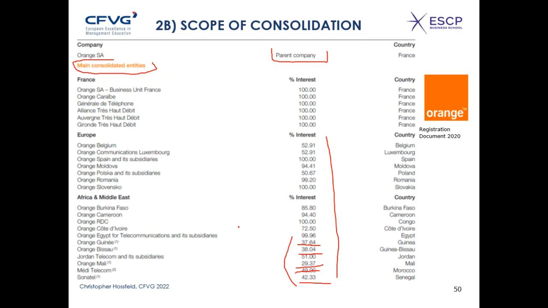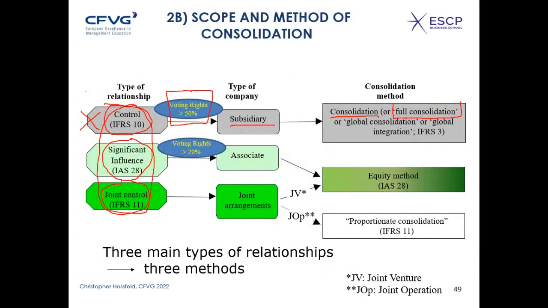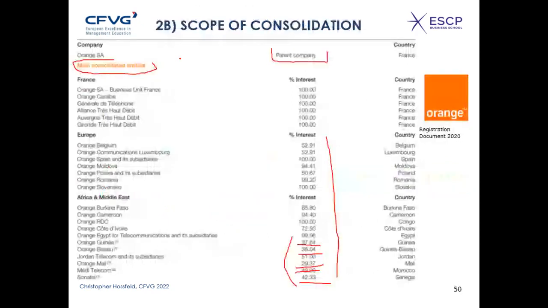Okay? So the main point here is to say that in a simplified manner, we can say that if I have more than 50% of the voting rights, it is very, very likely that I do have control, but it's not automatic. I can have more than 50% and no control, and I can have less than 50% of the voting rights, but I still control.